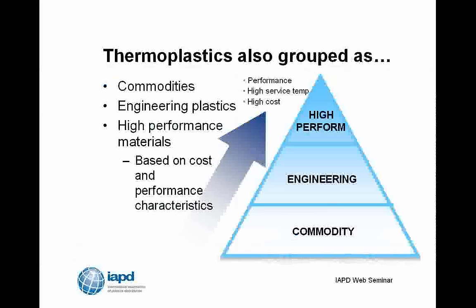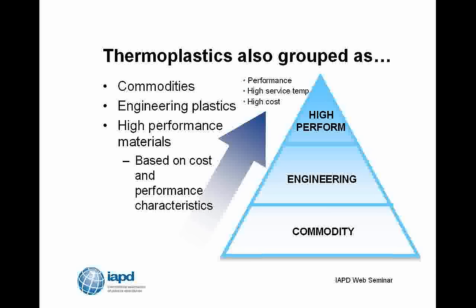Moving up the scale a little bit, you have engineering plastics, which tend to be higher temperature, higher cost, higher performance materials. And finally, at the top of the scale, you have high performance materials that tend to be able to withstand high service temperatures. They tend to have high performance characteristics, and they tend to be quite expensive.